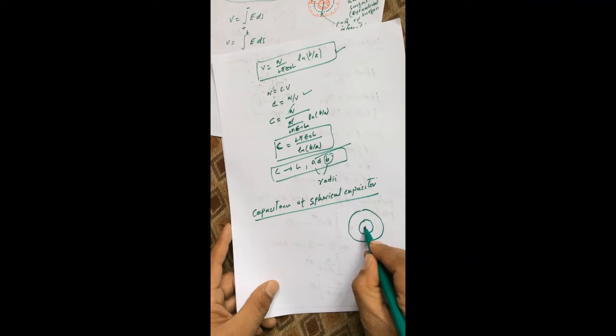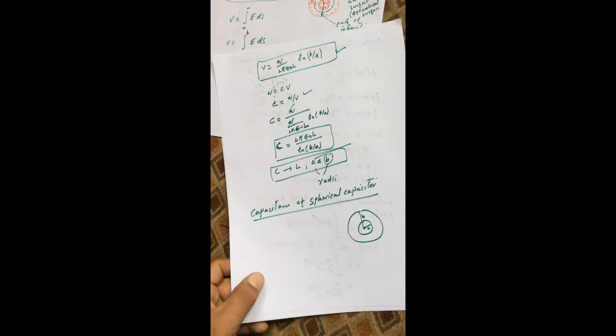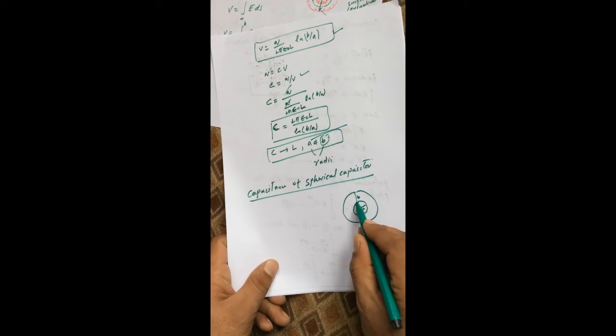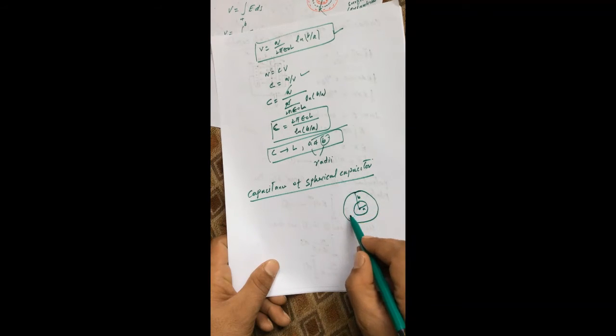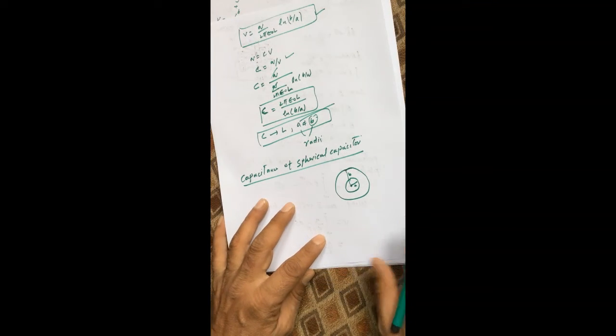One has a radius A and the other one has a radius B. Now if this inner sphere is connected to the positive terminal of the battery, and this outer sphere is connected to the negative terminal of the battery, then what will happen?